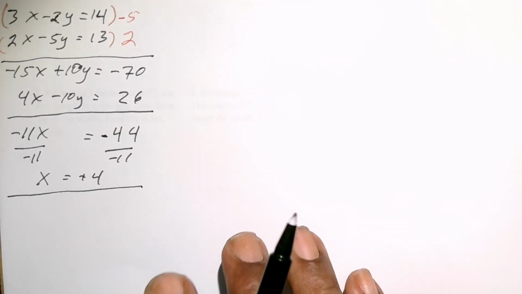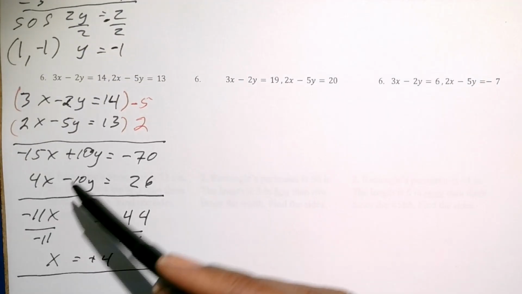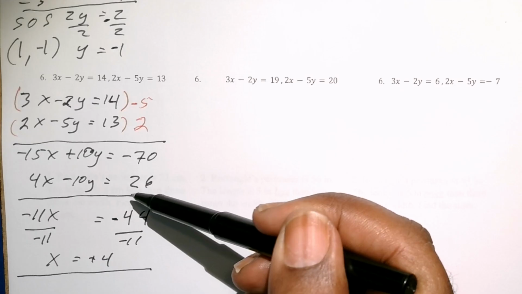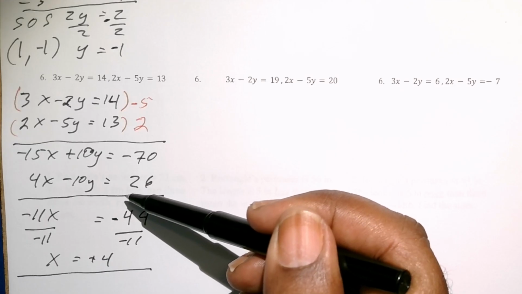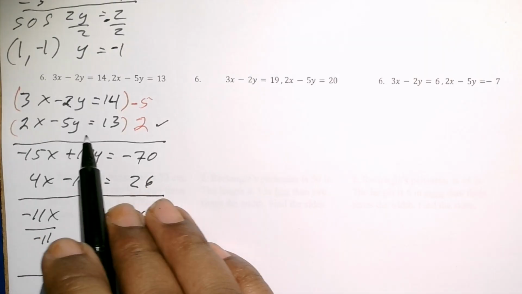And I need to make a choice. I have a lot of choices here. I have 4 choices. Which one looks the least complicated? Let's use this one right here, my 2x minus 5y equals 13.